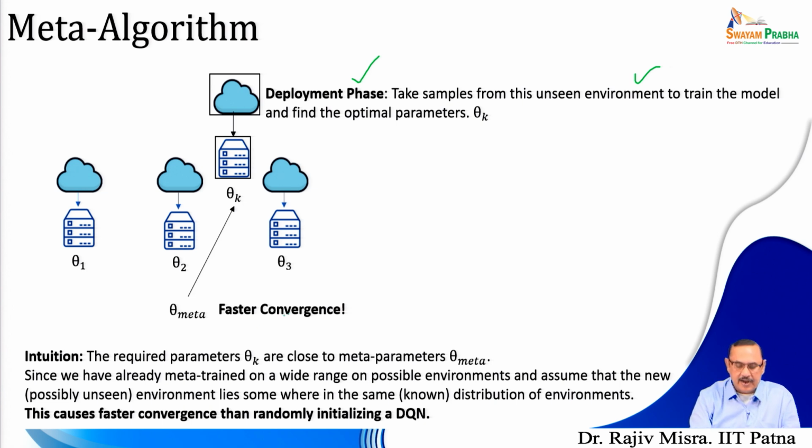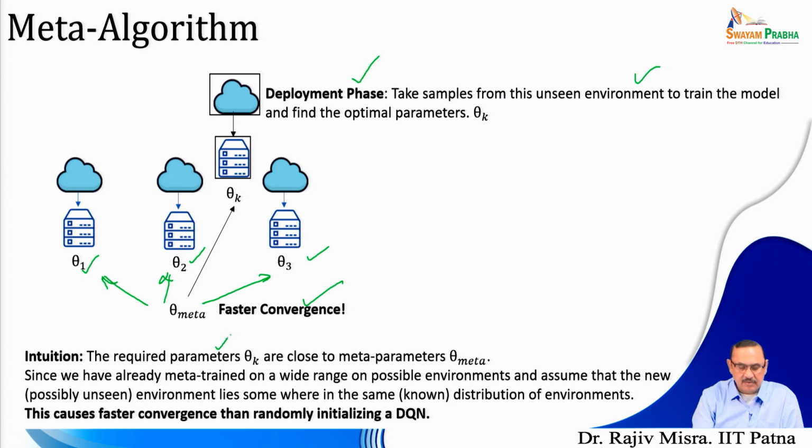Here you can see that it is already trained and available, and when a new deployment comes, it now has to quickly converge depending upon the optimal parameters, that is theta k, using the meta learning.